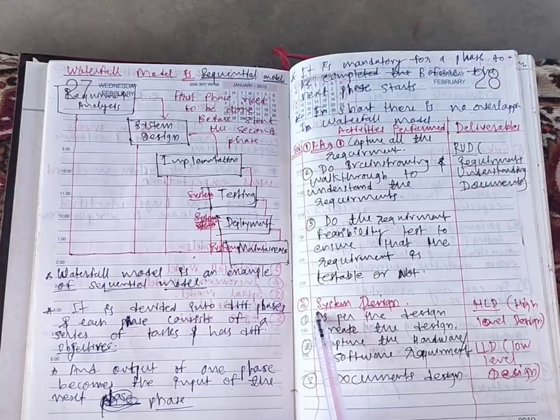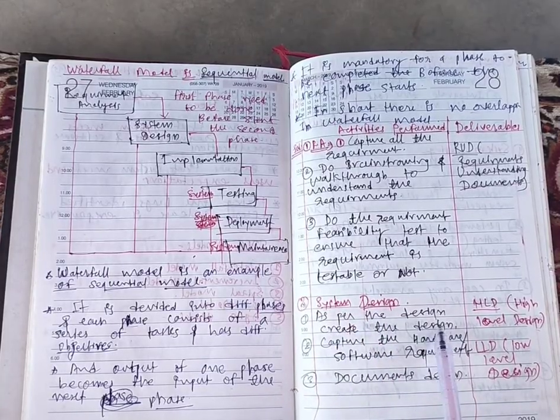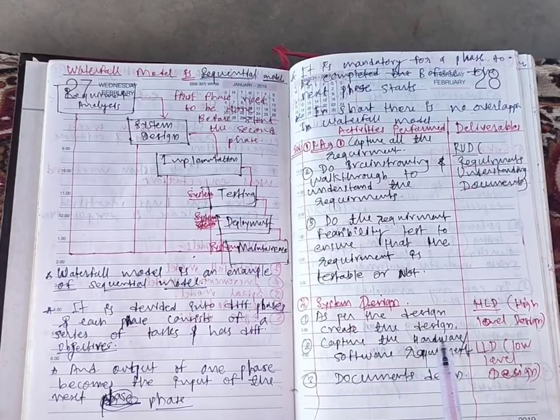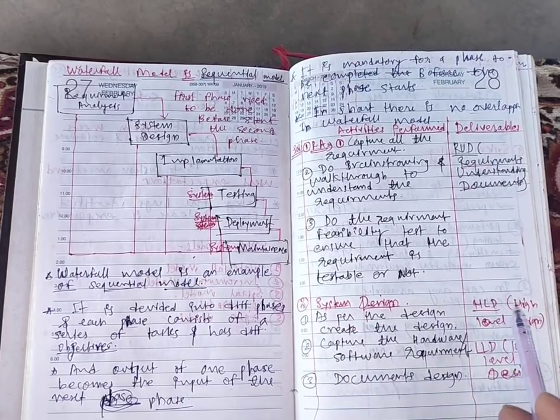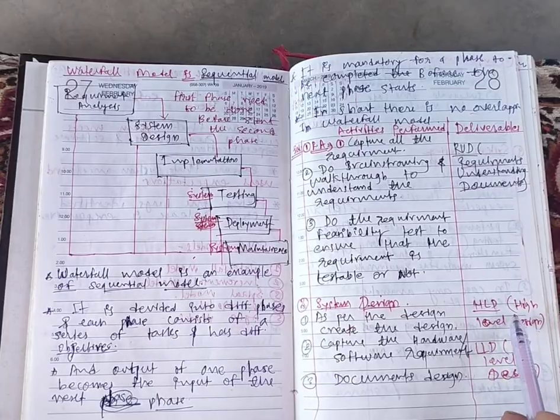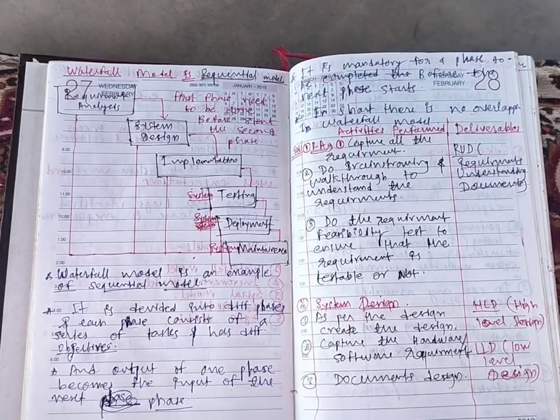Then we have the second phase, system design. In the system design phase, create the design as per the requirements, capture the hardware and software requirements and document the design. HLD is the high level design, and LLD is the low level design.